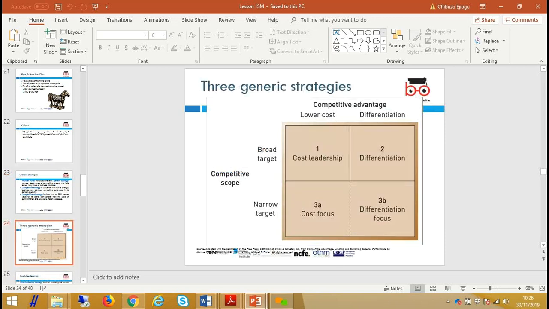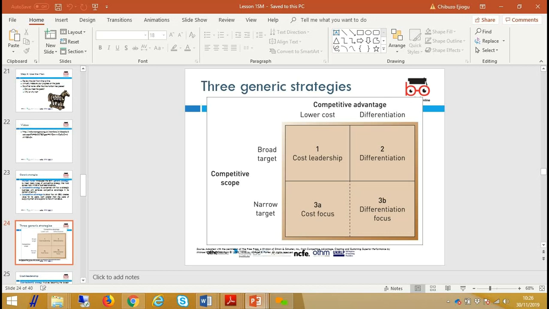Let's look at one of the most famous sets of strategies by Michael Porter. Michael Porter is a professor of strategic management at Harvard University, and a lot of the popular models we use in strategic management come from him.